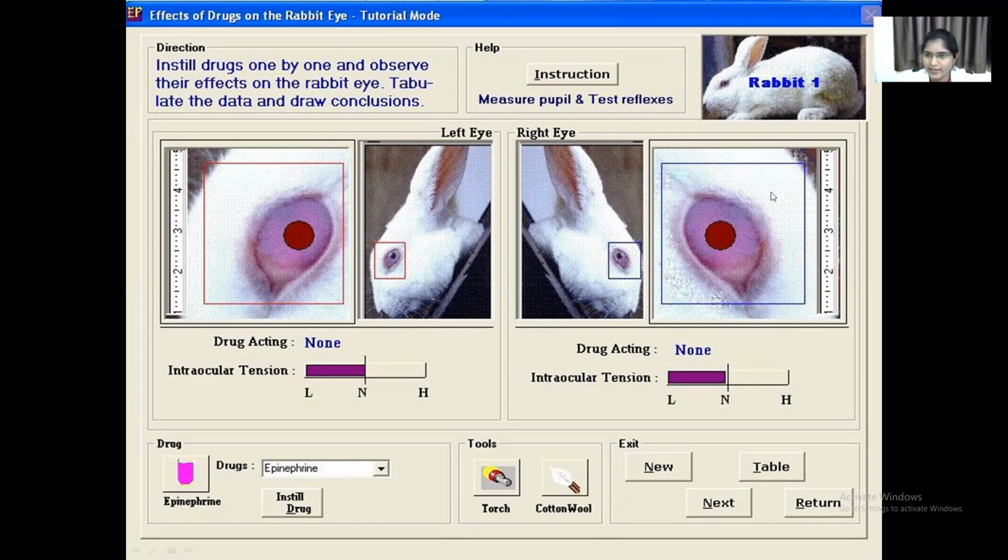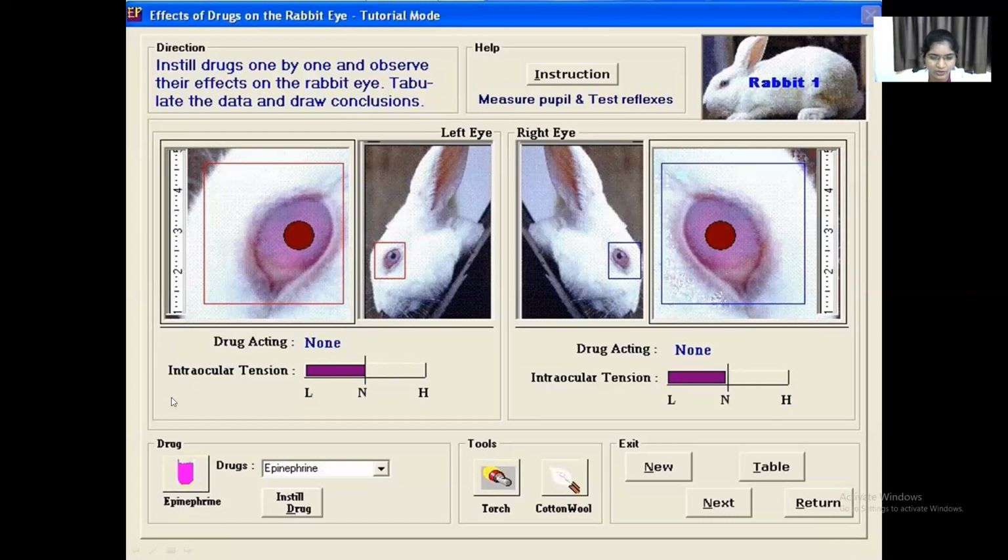Then here you can see the pupillometer or scale. After the pupil changes, you can measure it by dragging this scale. If you click on this scale, it comes by dragging to the pupil, and then you can measure with the pupillometer. Then here you can see intraocular tension.